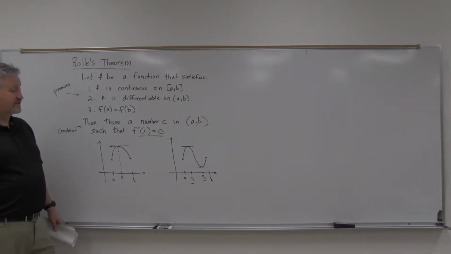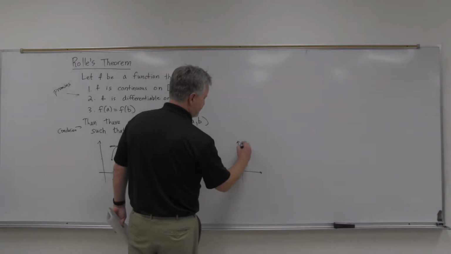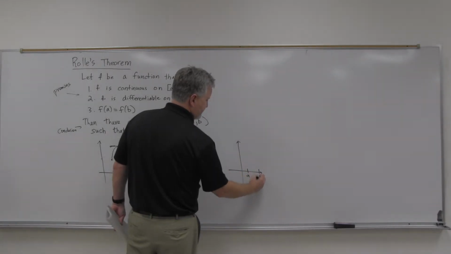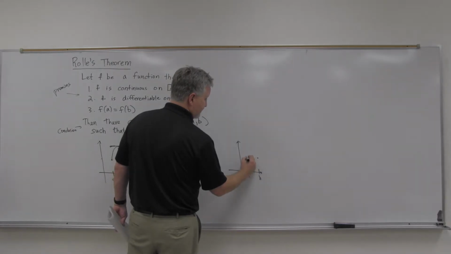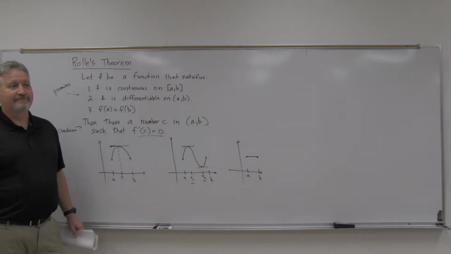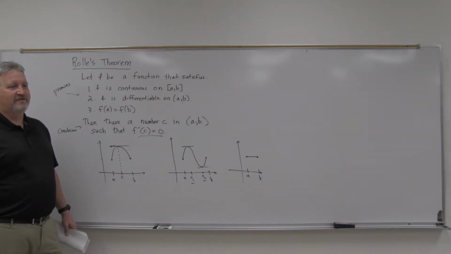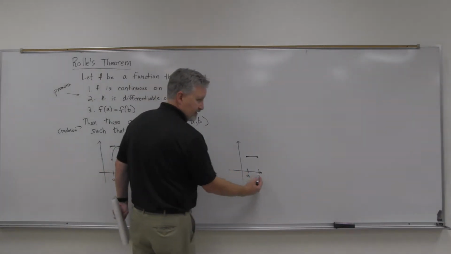And in kind of an extreme case, we could have a to b, and then f of a, f of b. We could just go straight across there for my function. So take your pick, right? Any of those would have the derivative be 0 at a c value anywhere from a to b.